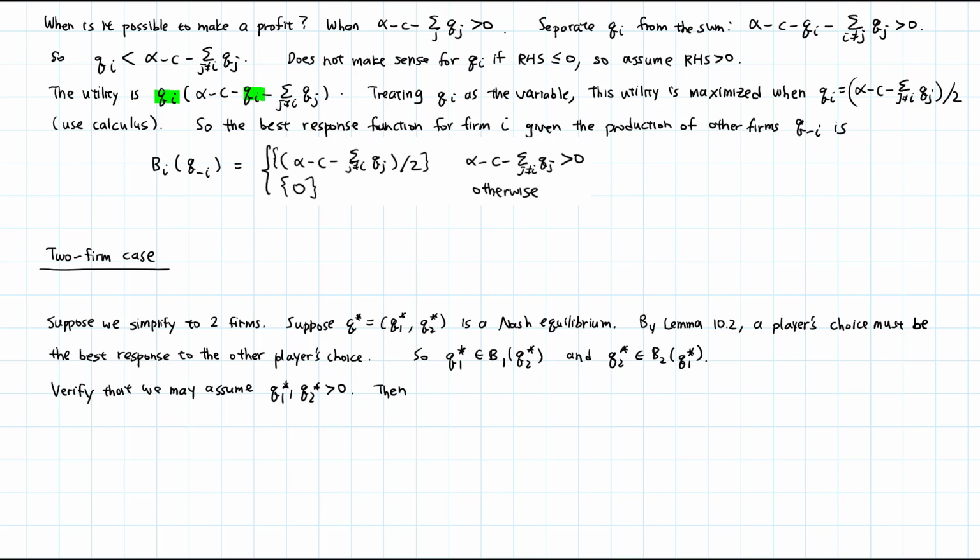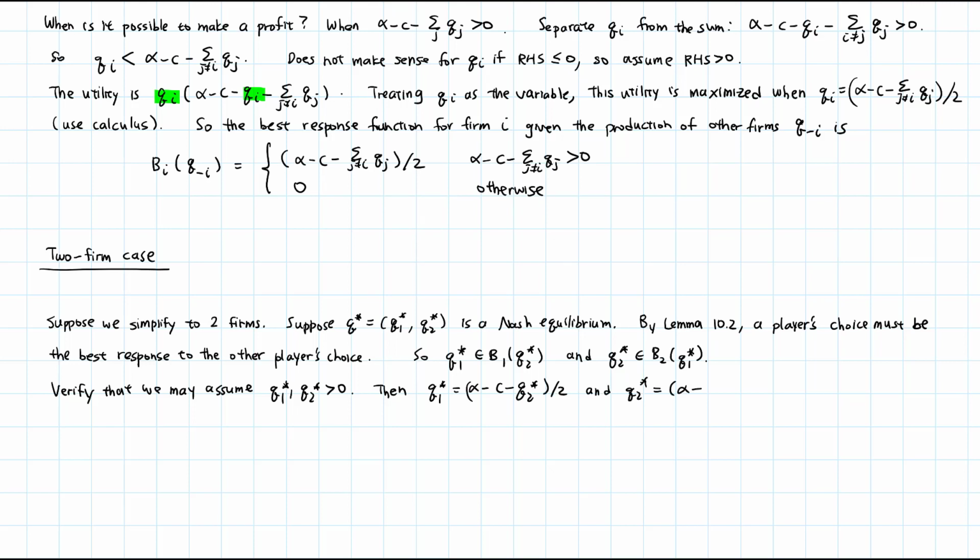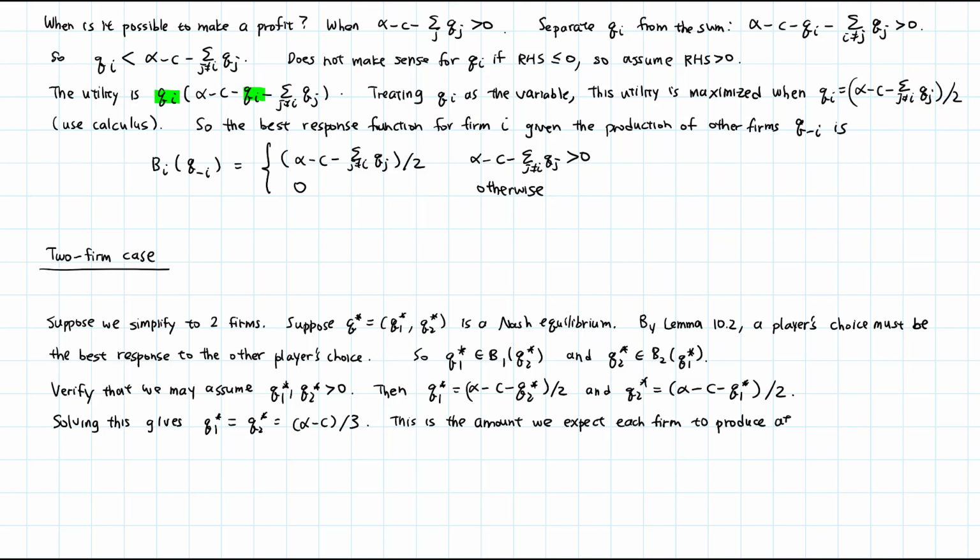Then we have these two equations. Q1 star is equal to alpha minus C minus Q2 star divided by 2, and Q2 star is equal to alpha minus C minus Q1 star divided by 2. Solving these two equations gives us that Q1 star and Q2 star are both alpha minus C divided by 3. So this is the amount we expect each firm to produce at equilibrium.